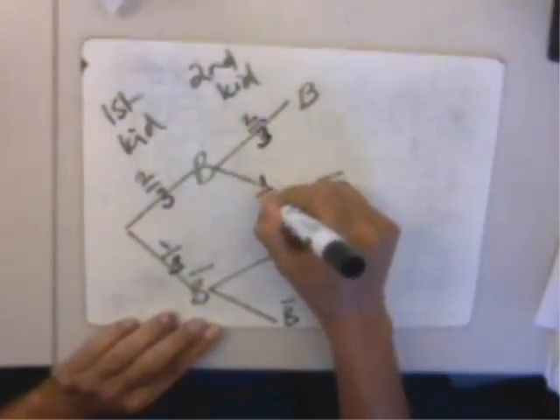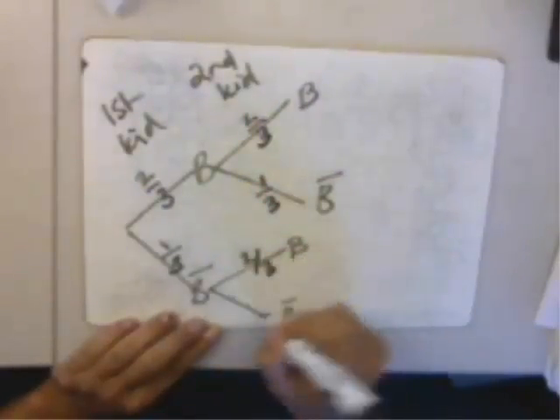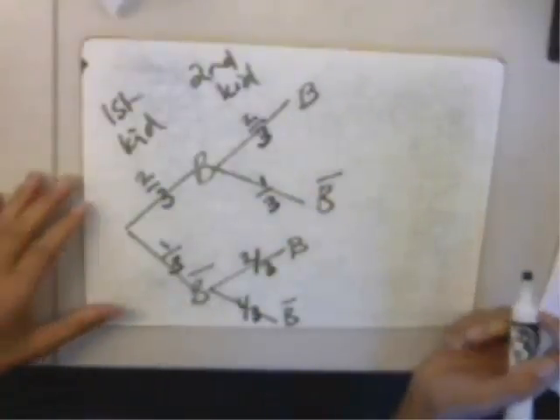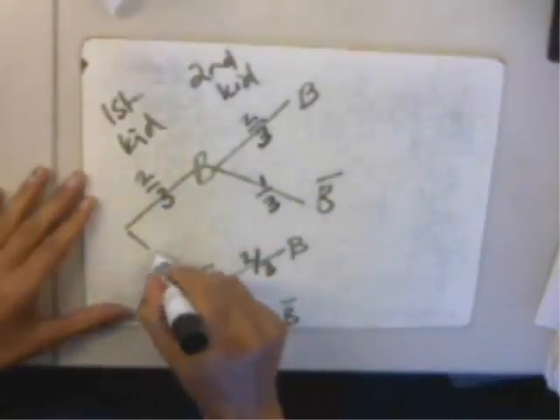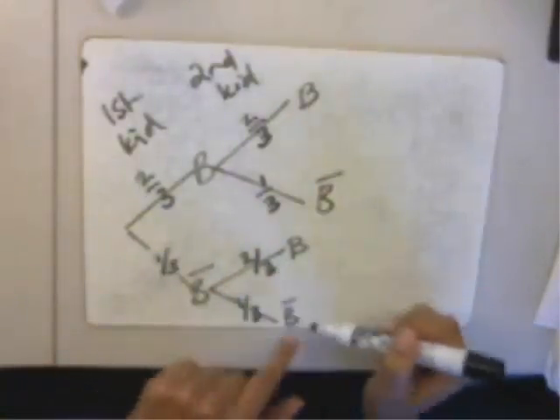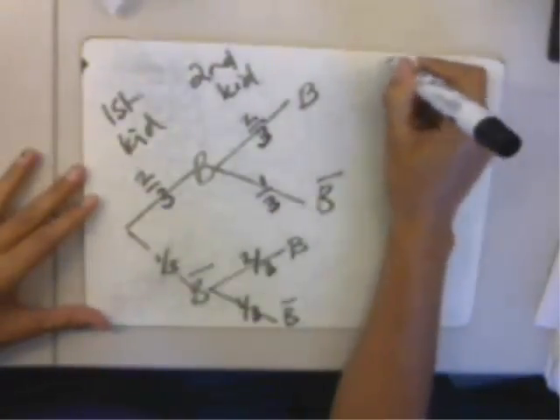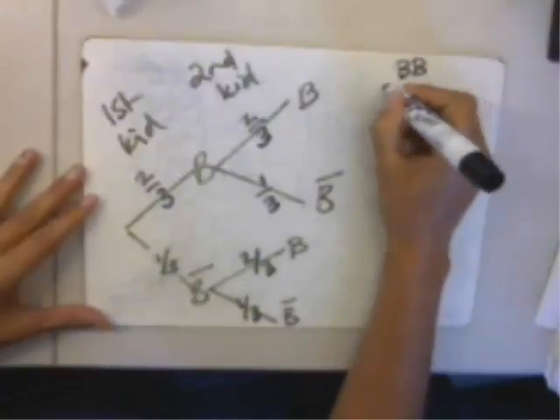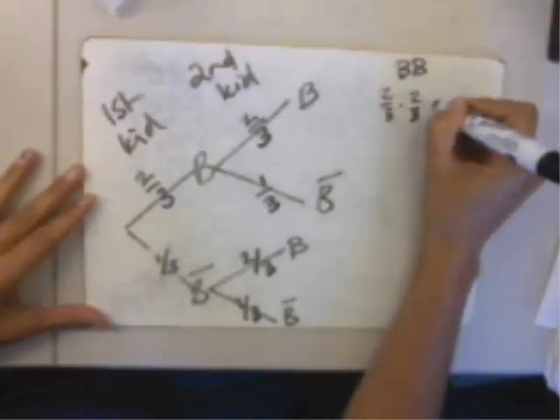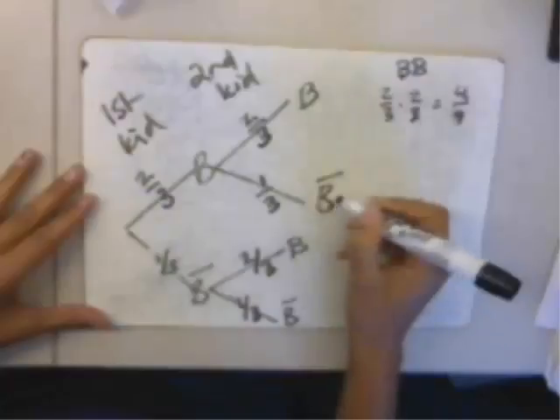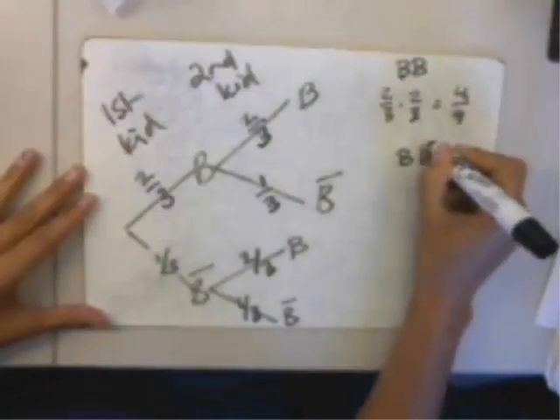All right, same thing for the second kid. They do the same gender sorting medicine or treatment where they actually have more probability of having a boy than not having a boy. All right, so probability of 2 boys is 2/3 times 2/3, or 4/9.